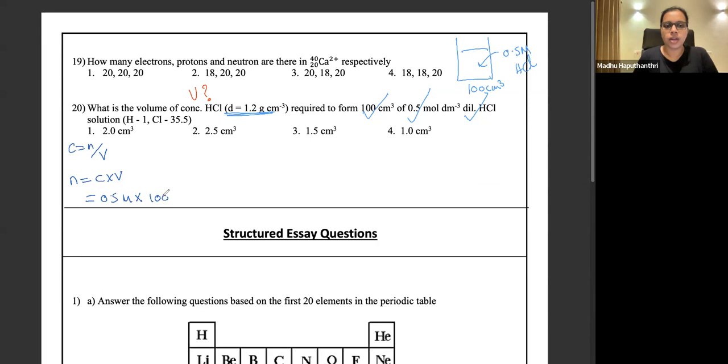Volume is 100 times 10 to the power minus 3 decimeter cubes. Sometimes you may be dividing it by 1000. Both of them mean the same thing. And then the number of moles is coming as 0.05 moles.